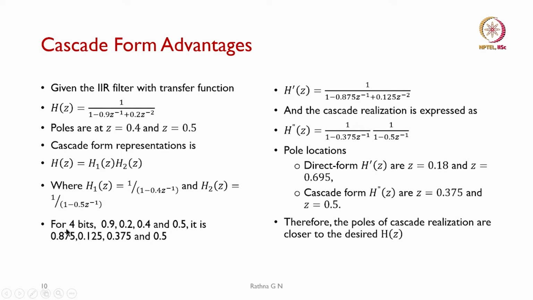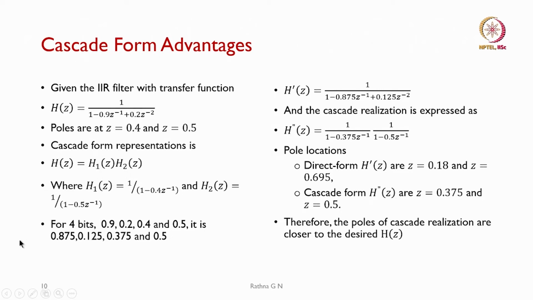So, if we say that I am going to represent it with 4 bits, you have to recall our number system. We have to represent all these values, 0.9, 0.2, 0.4 and 0.5. What is the nearest number I can represent for each of these? This is the direct form I have taken, and this is the second order section.